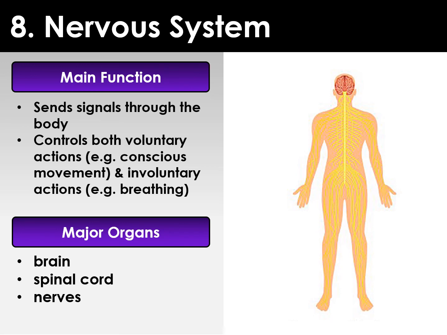The nervous system functions by sending signals throughout the body, and it controls voluntary actions such as our ability to consciously move, and it also controls involuntary actions like breathing and our heartbeat. The major organs that make up the nervous system are the brain and the spinal cord, which make up our central nervous system. And then we have a network of nerves that run throughout our body and facilitate this system's function.